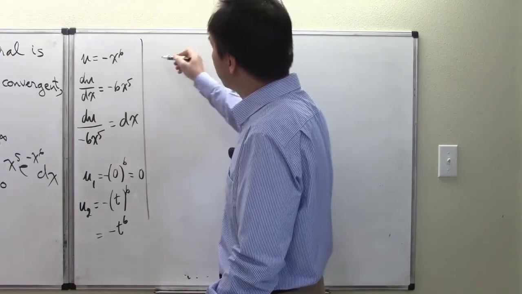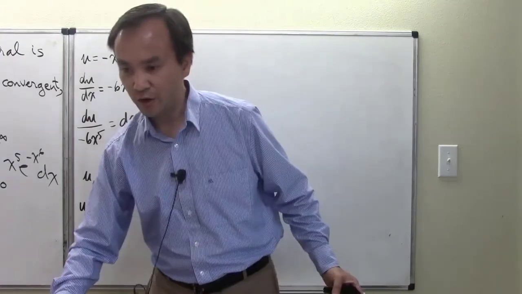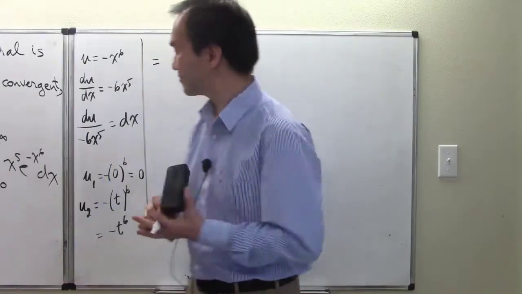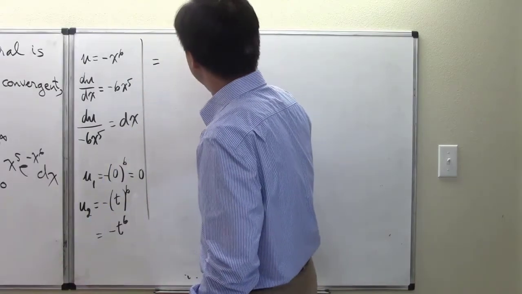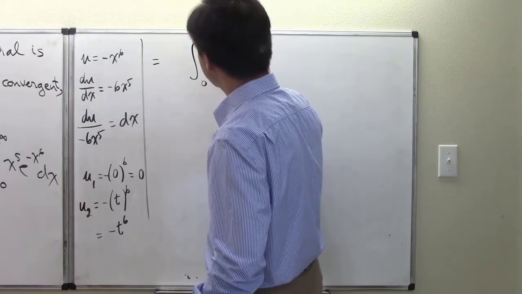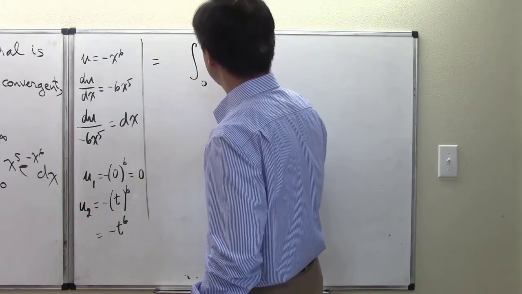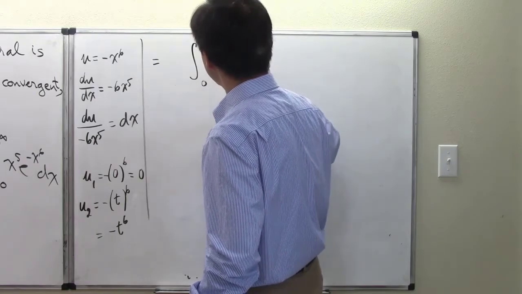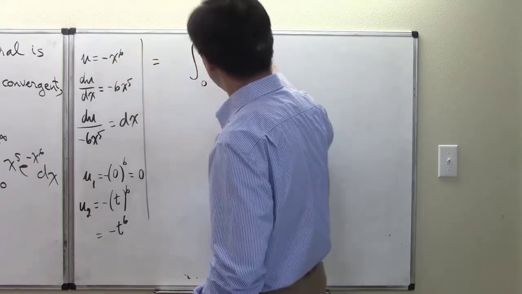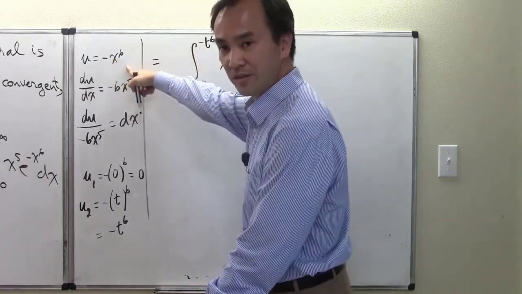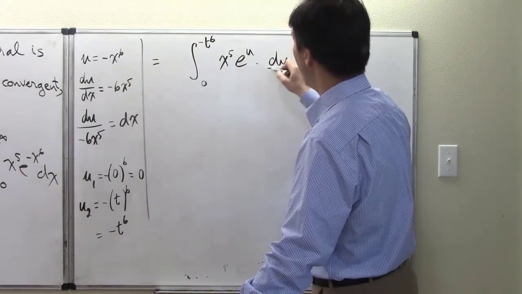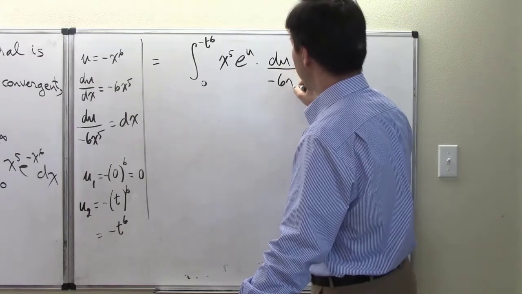So that means our starting integral now becomes an integral from 0 to minus t to the 6th. The x to the 5th did not get a substitution, so we leave it there. E to the minus x to the 6th is a u according to this substitution, so now it's going to be a u here, and then the dx is du over minus 6x to the 5th.